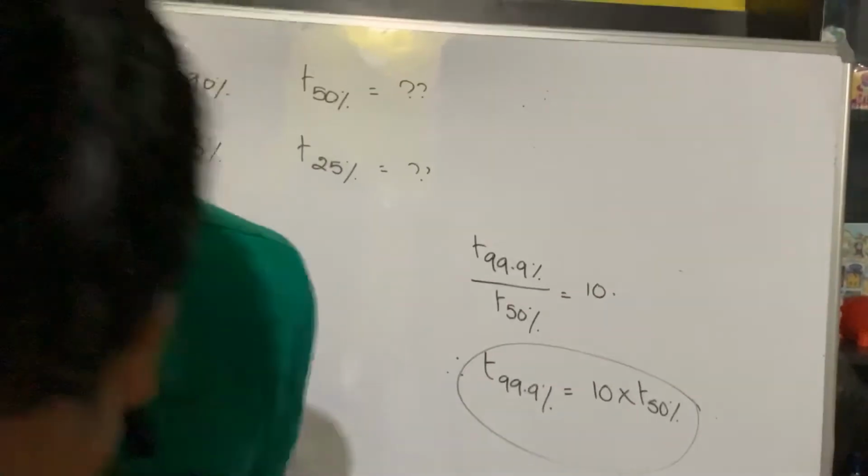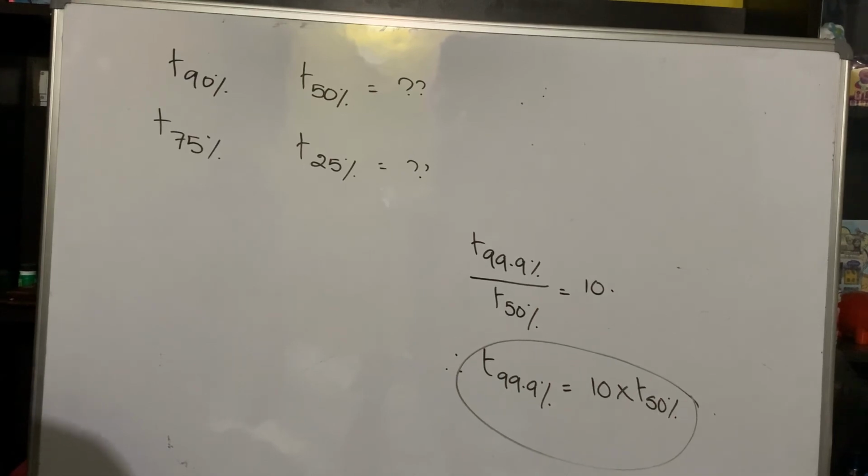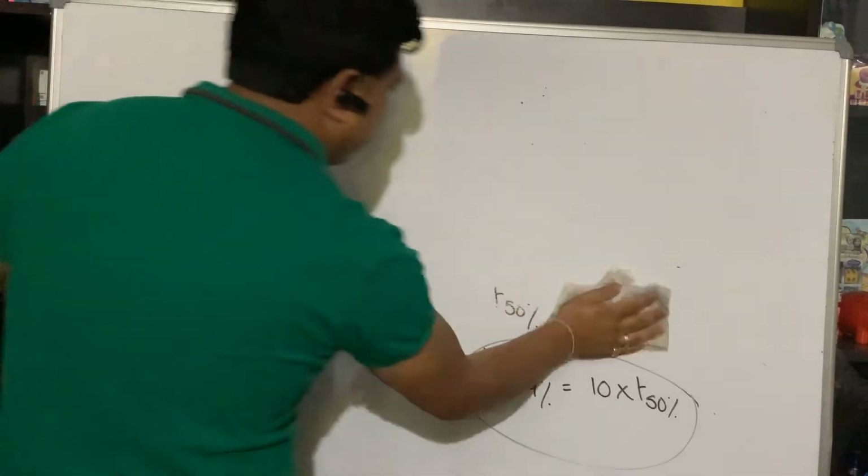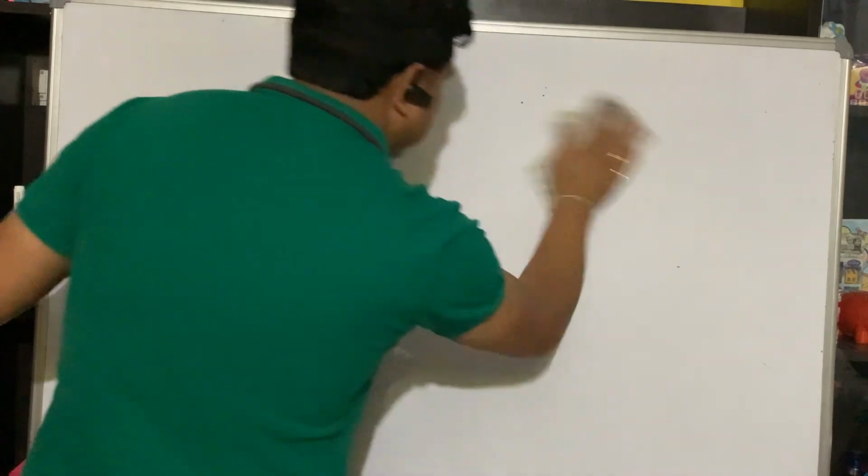So, let us select one problem from half-life period. Another question: a first order reaction is supposed to have a rate constant.